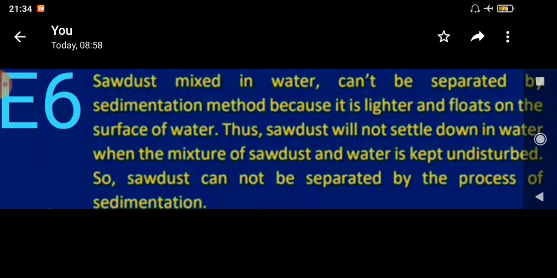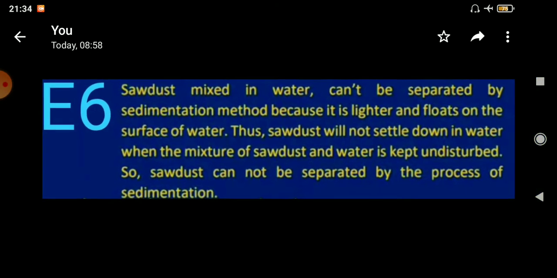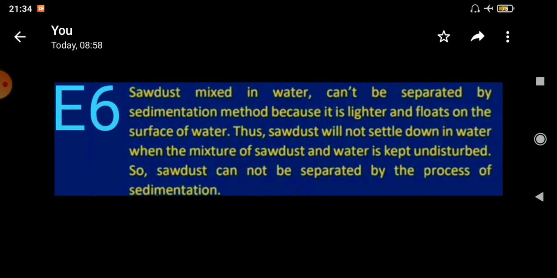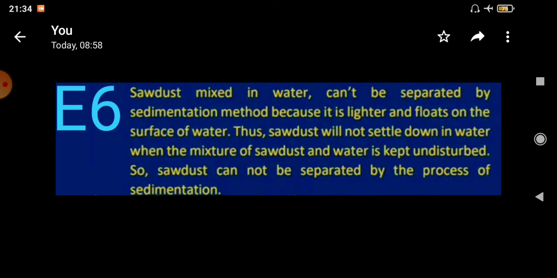So the question is, when it is mixed with water, why can't it be separated by sedimentation method? So the answer will be: when sawdust is mixed in water, it can't be separated by sedimentation method because it is lighter and it floats on the surface of water.